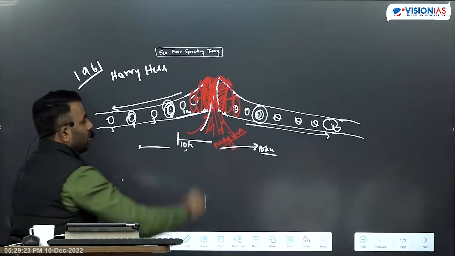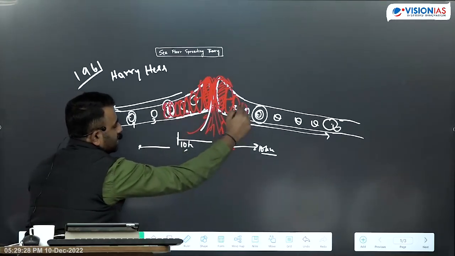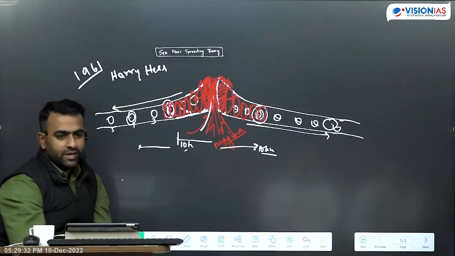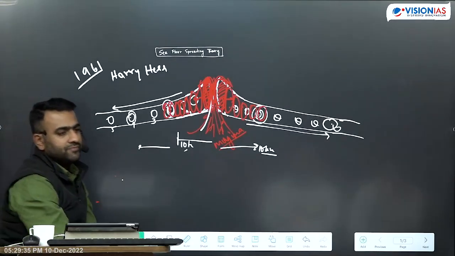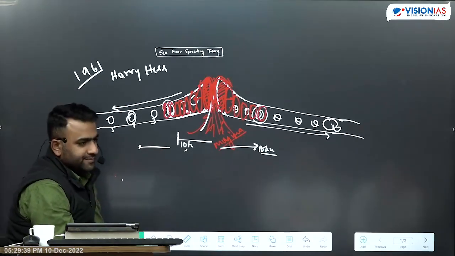Like this, over a long period of time, the new oceanic crust continuously gets created on both the sides of the mid-oceanic ridge due to the rising magma. The rising magma is actually creating a new oceanic crust itself.